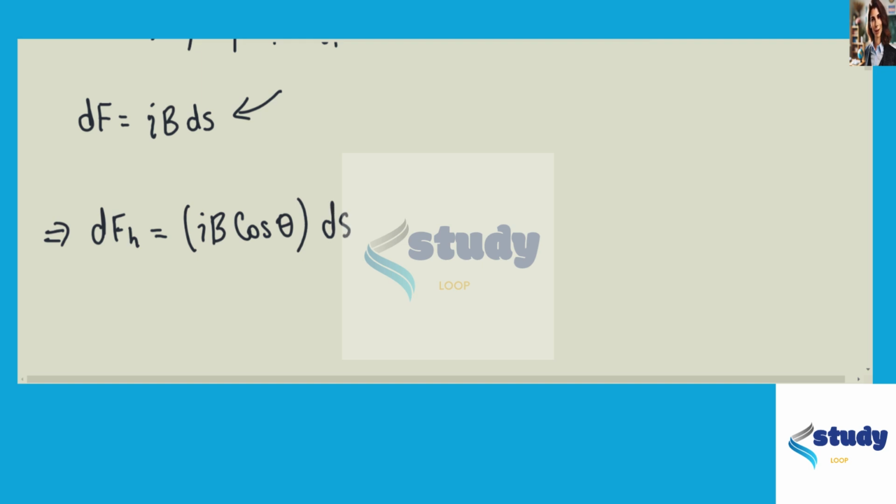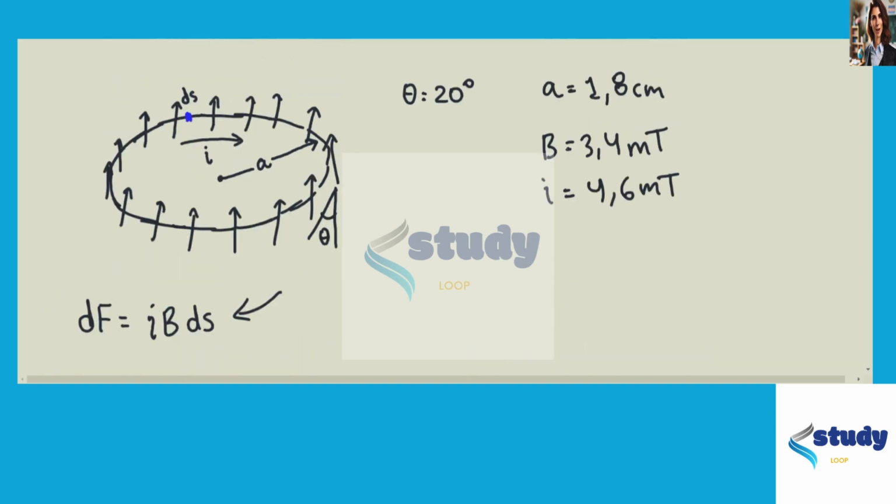However, this points inward toward the center of the loop. And also we will have a vertical component that has a magnitude of, we are going to call this dFy, iB sine of theta ds. And as you can see from the figure, that force is going to point upward.